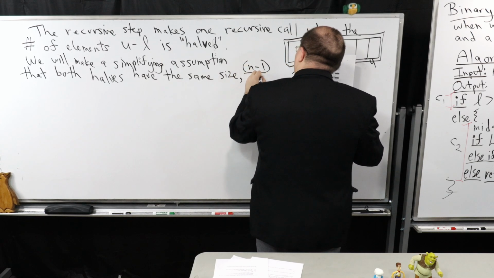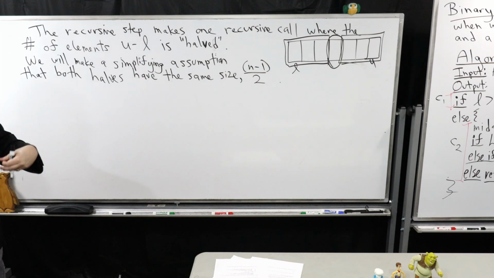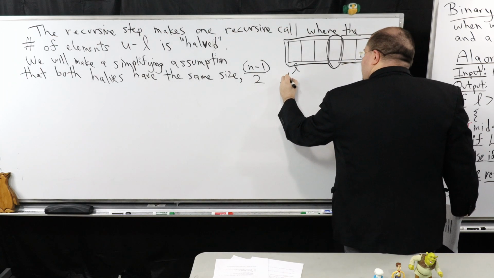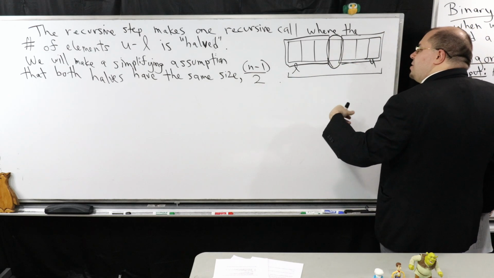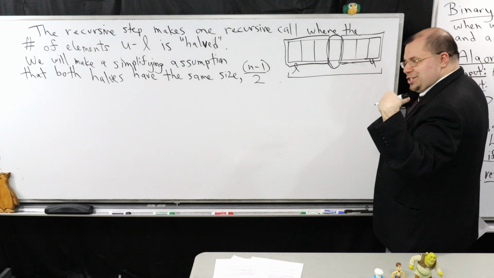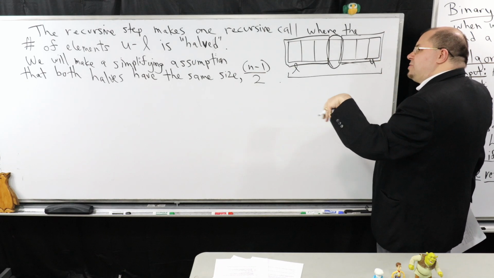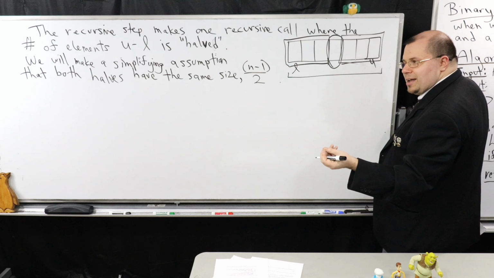N minus 1 over 2. Now you might ask, where does n minus 1 over 2 come from? Suppose the number of elements is how many are in the interval. Remember, n in the original declaration of the algorithm is the whole length of the array, but as we proceed, u and l govern how many elements we're actually looking at.